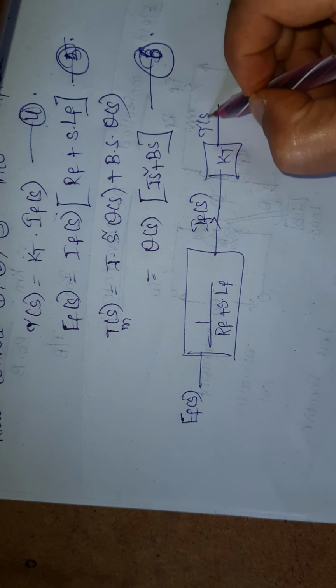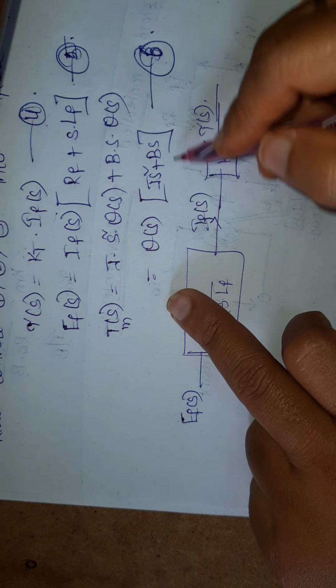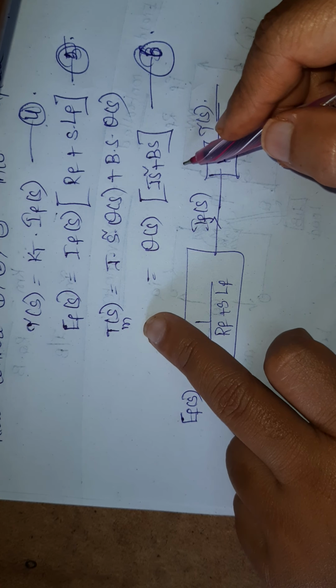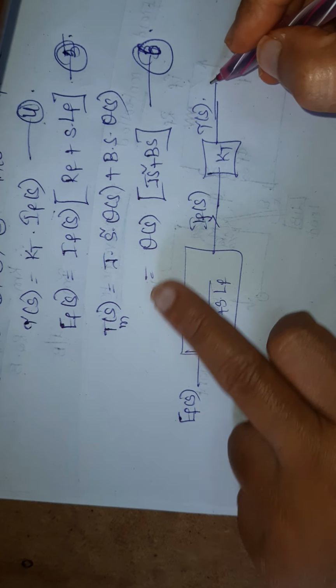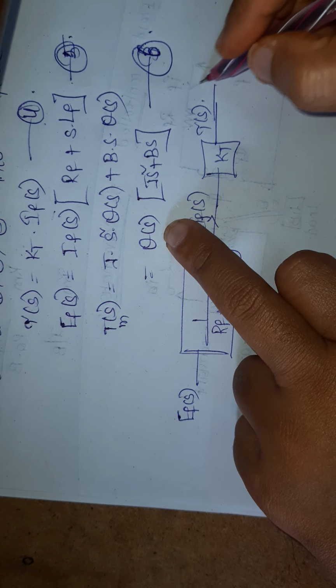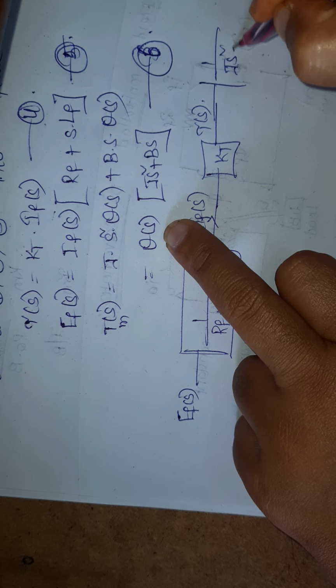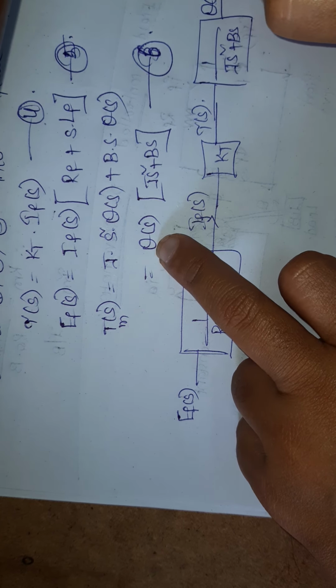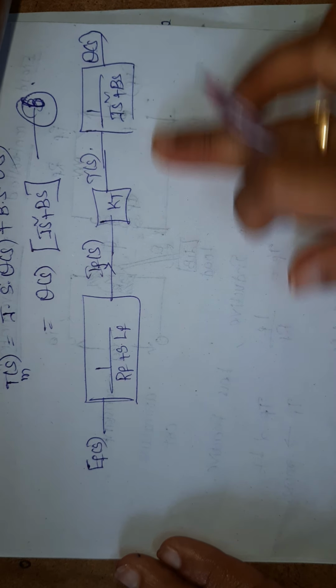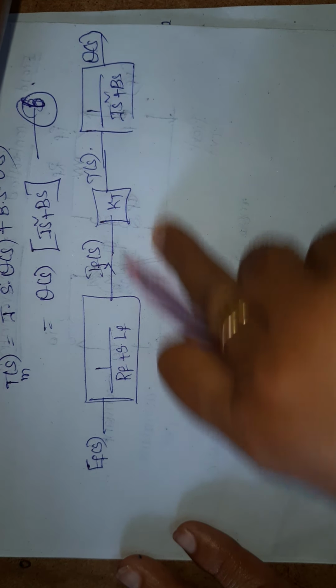tau of s. Now next, this is the equation I have: Tm of s, or tau of s, is nothing but torque. So this torque is multiplied by 1 by Js square plus Bs, and the output is theta of s. I got only 3 blocks in the forward path.